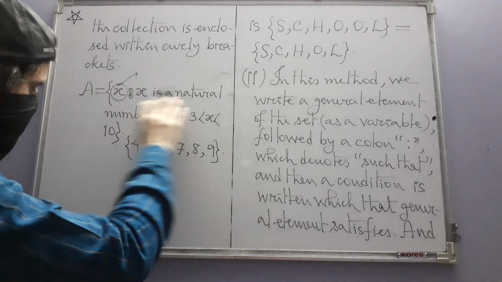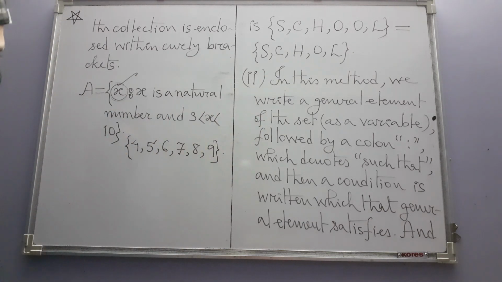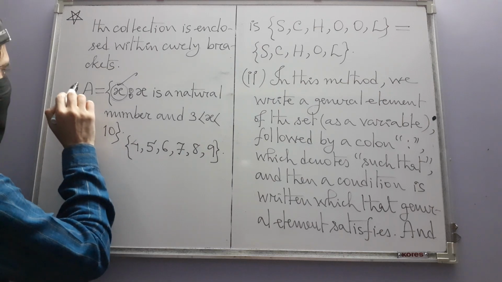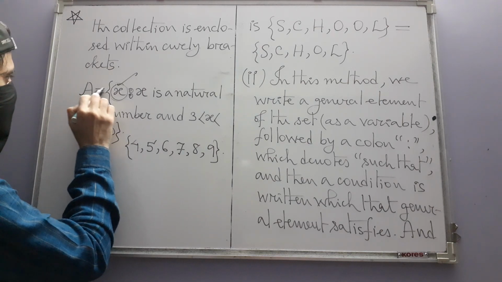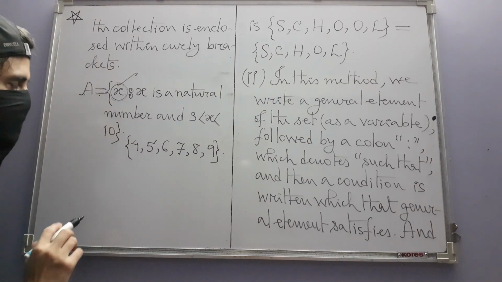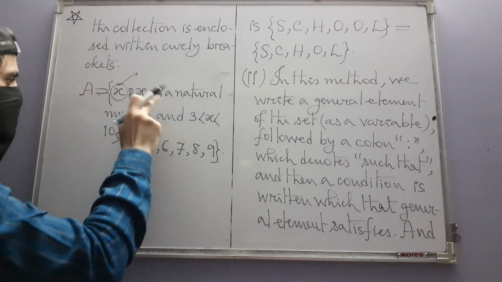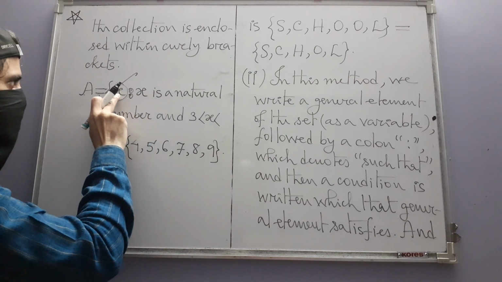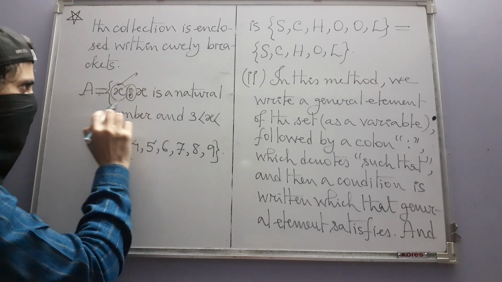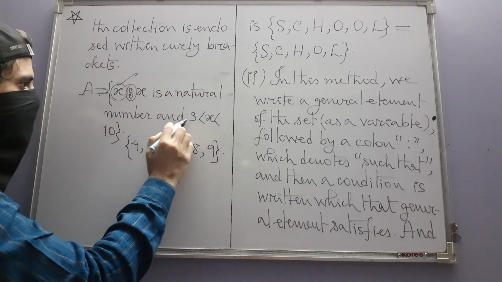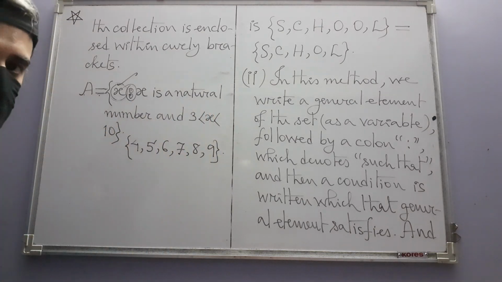And in fact, this whole sentence is read like this: A is the set of all elements x such that x is a natural number and x satisfies these inequalities.